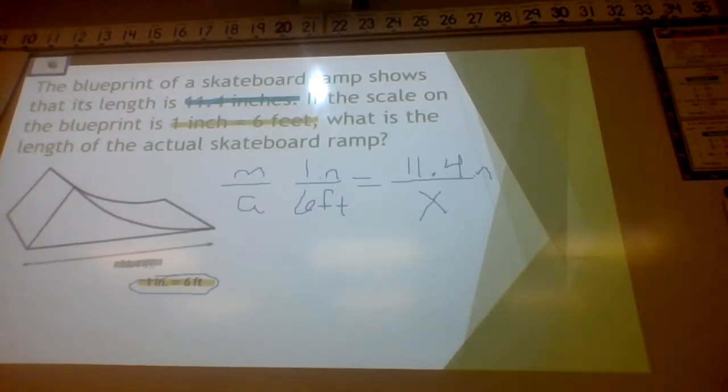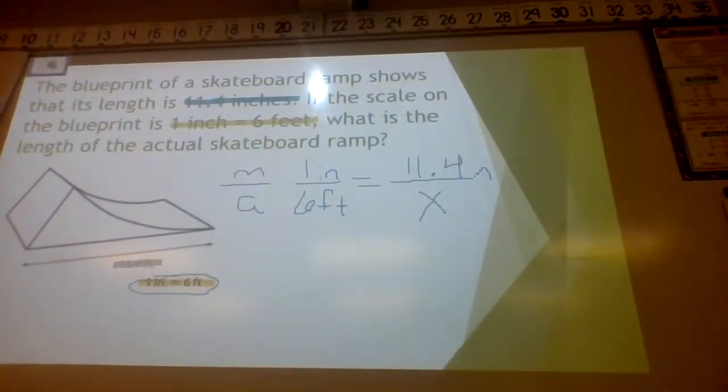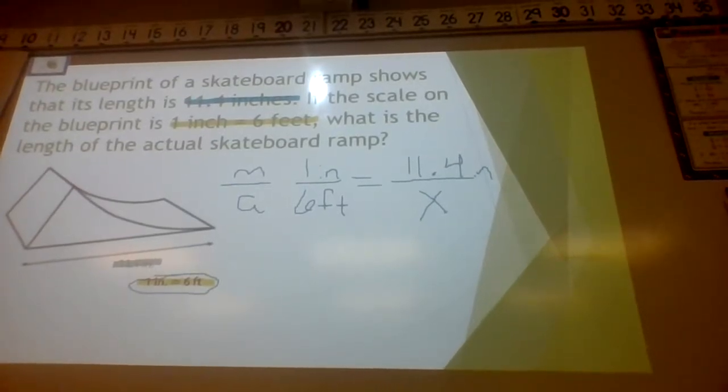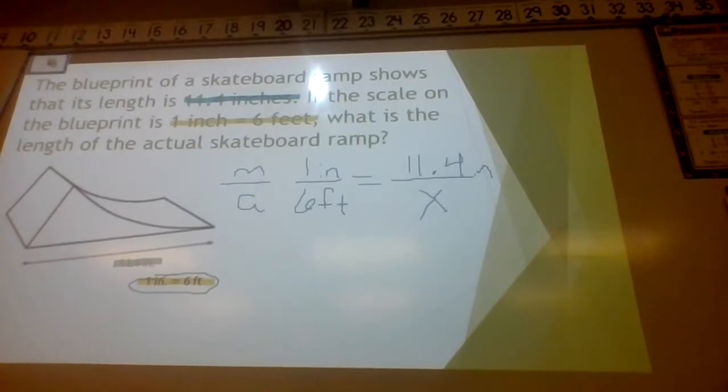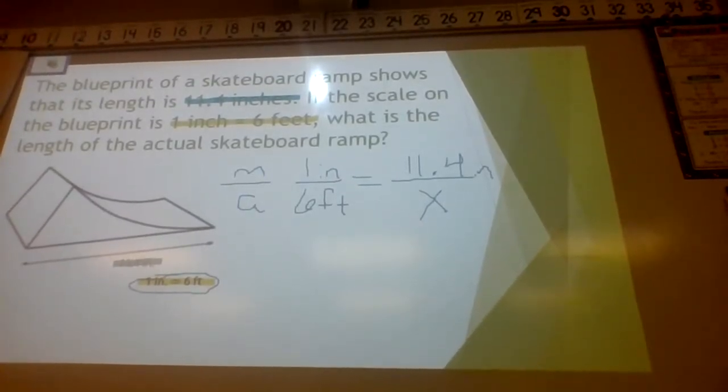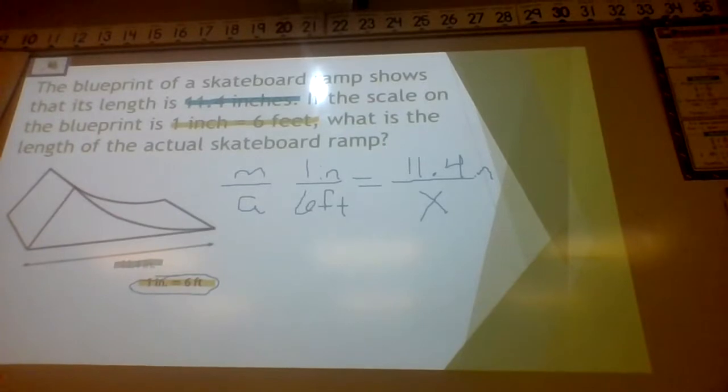This one is actually set to 11.4, not 1 inch. For you guys, when you write this one, you're not putting 1 inch equals whatever your answer. You're putting 11.4 inches equals your answer, because this one is set to 11.4, not to 1. That equals whatever your answer is.